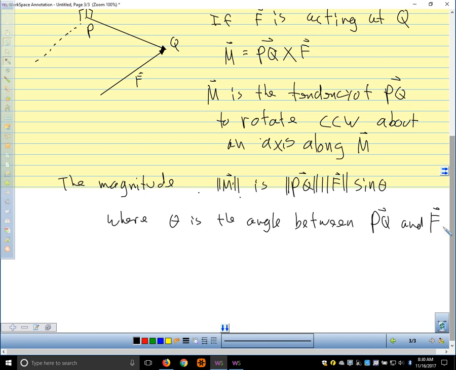And I'm going to change pages, and I'm going to draw another diagram. This quantity F sine theta is the component of F that is perpendicular to PQ. So when we did the dot product, we get the component of our force that's in the direction of our vector. When we do the cross product, this gives us the component of the force perpendicular. So let me draw another picture.